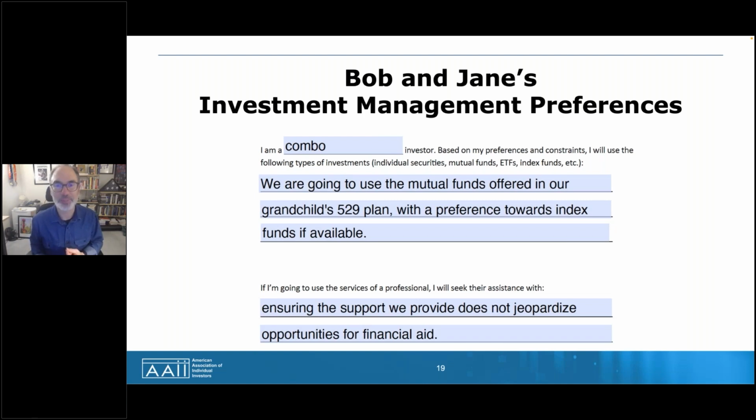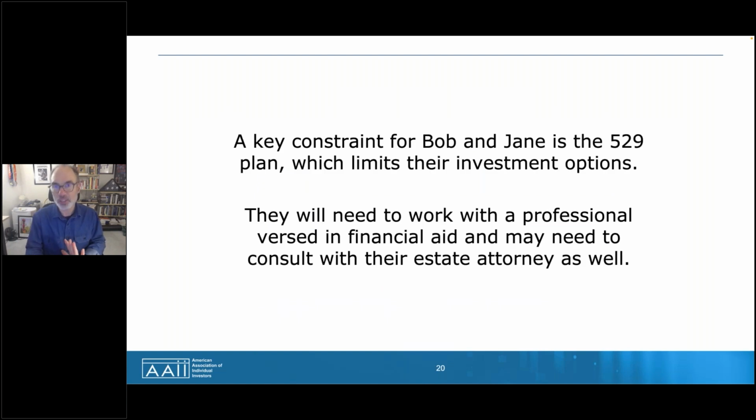But I digress. Now, again, the key constraint we said for Bob and Jane is their 529 plan, which limits their investment options. And as I said, in this case they know they want to work with a financial planner or financial professional who's very well schooled in college finances, but they may also want to consider consulting with their estate attorney if they're concerned about gifting or other issues that might affect a long-term estate plan.